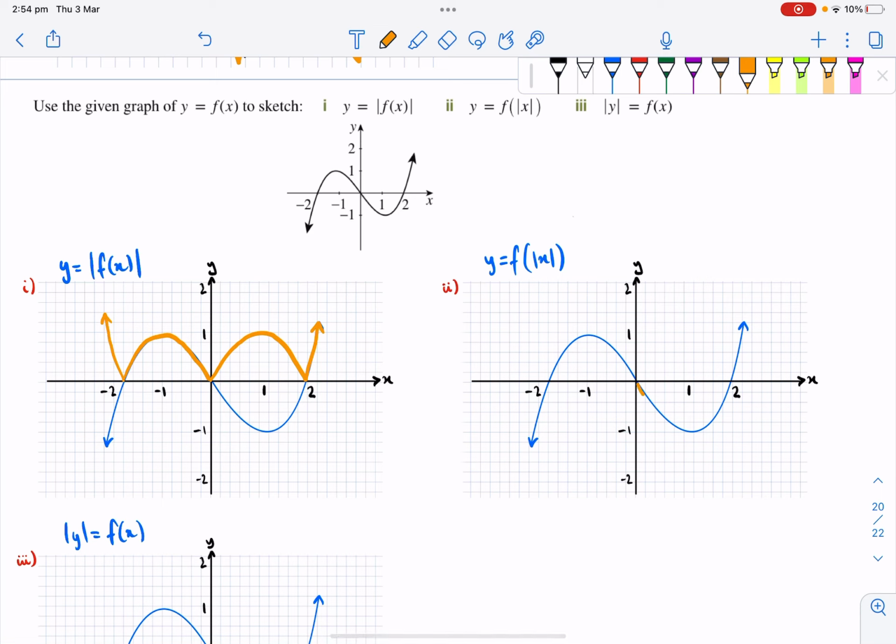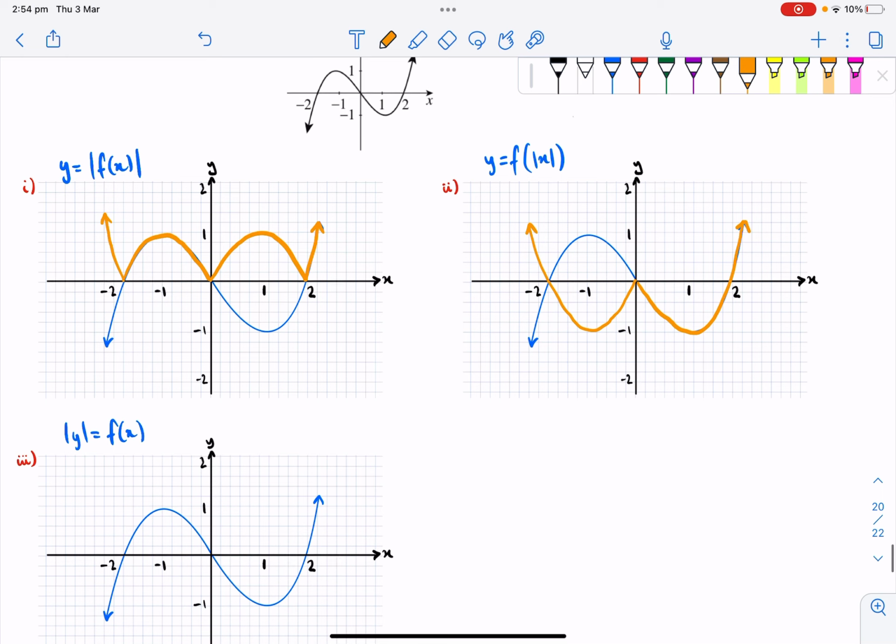So we keep the right side. If the x is absolute valued in the function notation, we keep the right side and we reflect it to the left side. And there we go. Be as neat and accurate as you can.